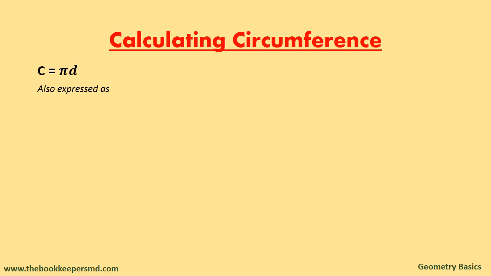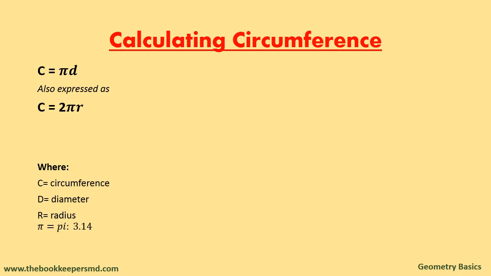Or it can also be expressed in simpler terms: circumference, which is C, equals 2 times pi times the radius. By looking at both of these equations, what these tell us is that radius is calculated by dividing the diameter of the circle in half, but we'll get to that in a little bit.